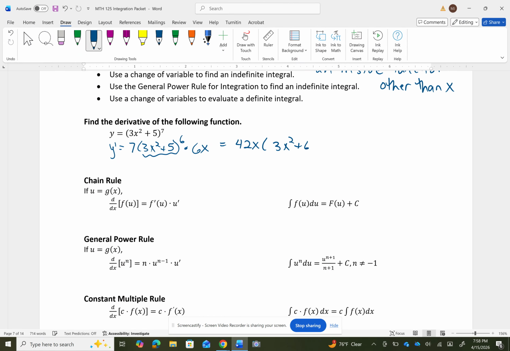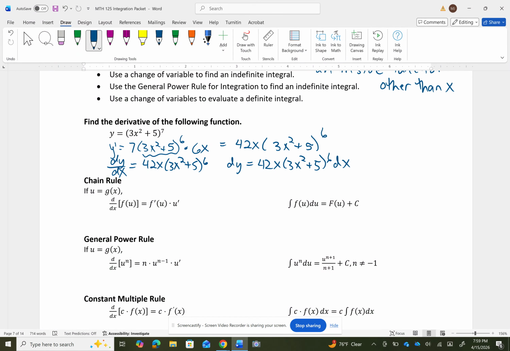At some point, we're going to want to try to integrate something like that. So we're going to be thinking about how this is dy/dx, which means dy would have been 42x times (3x squared plus 5) raised to the 6th, with a dx on the right.